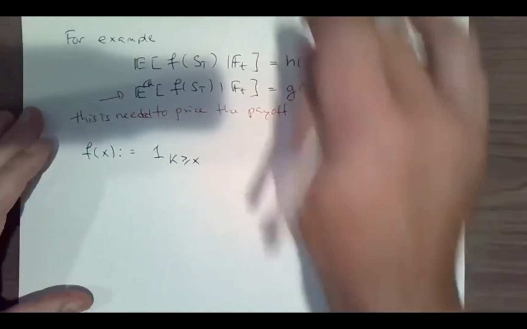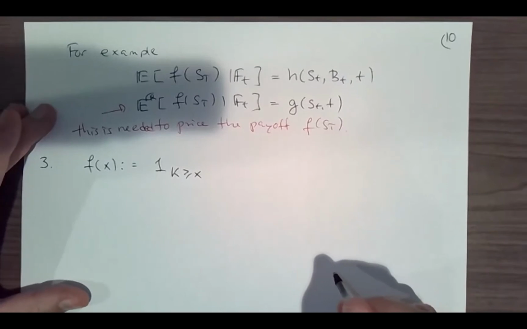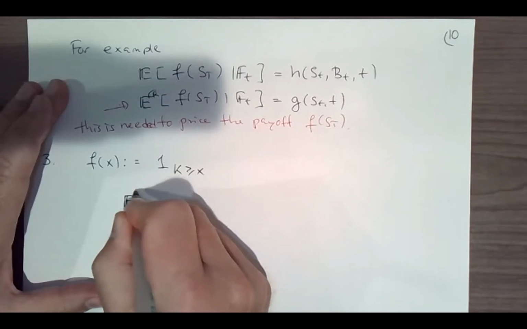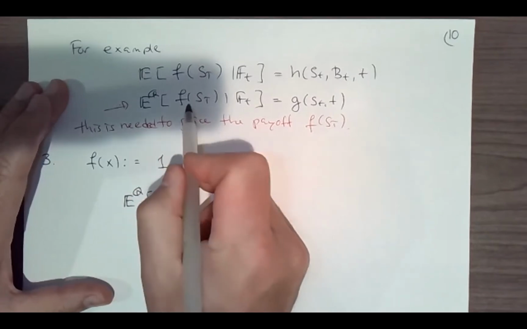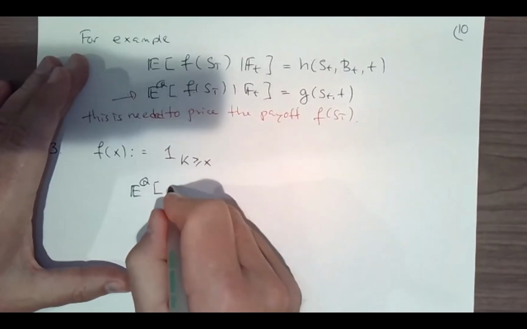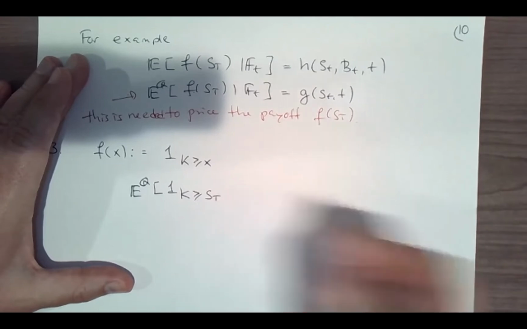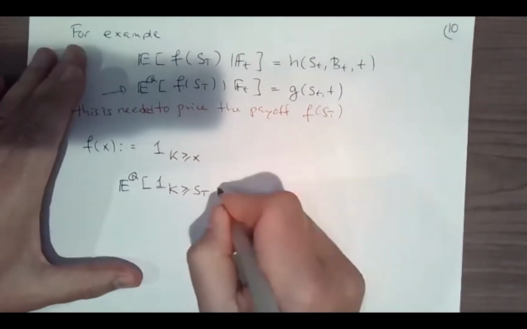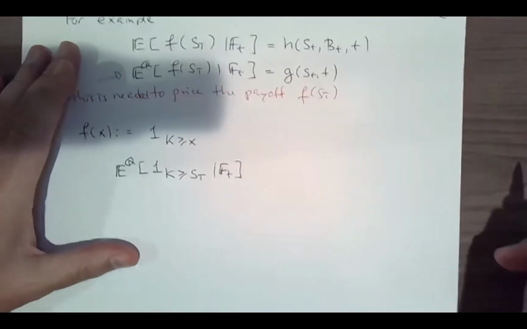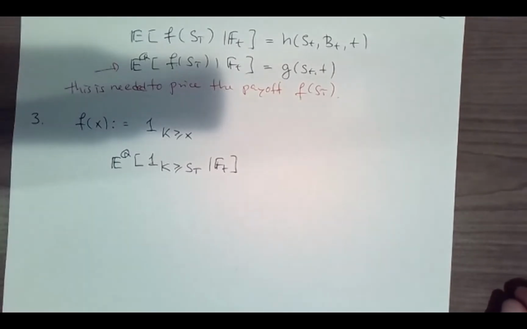Right, so we're interested in calculating the conditional expectation of exactly this function here, 1 of k bigger than S capital T, given F little t, might be interested in figuring out what this function is there on the right hand side.